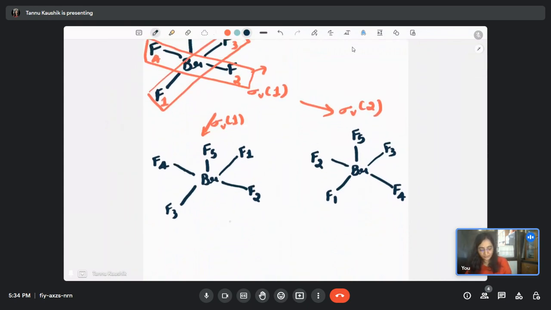So these are the configurations we get, and these are equivalent to our initial configuration. So we have two vertical planes.